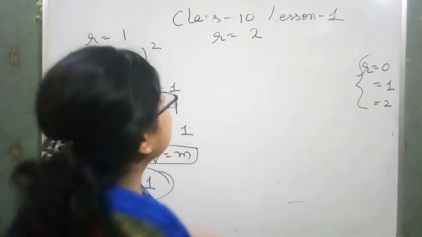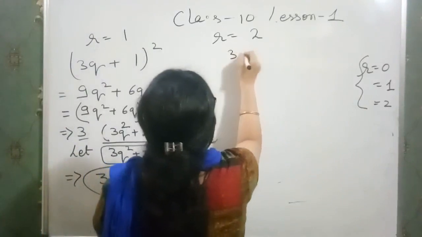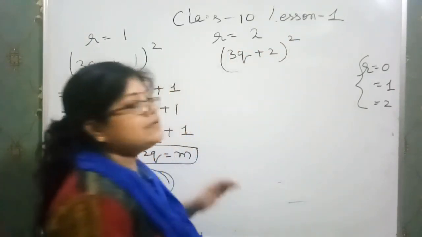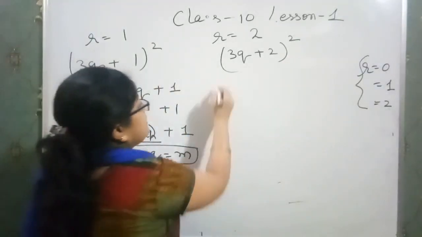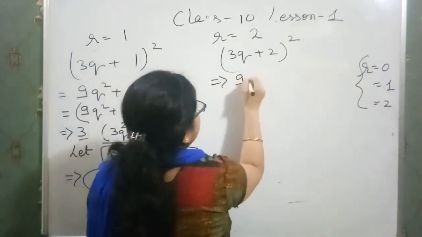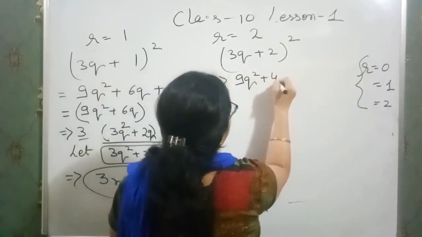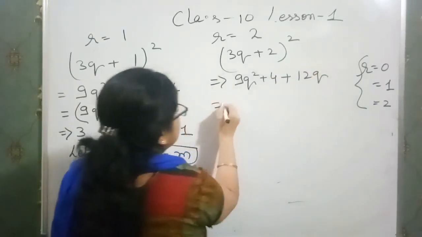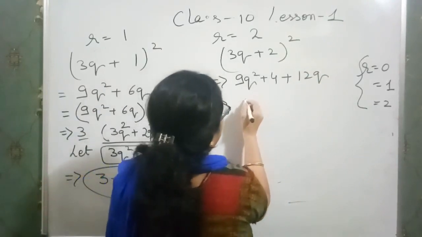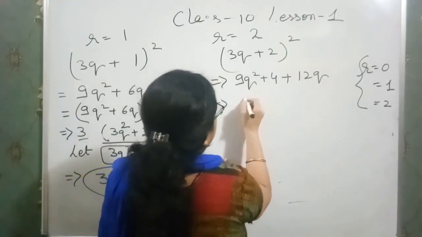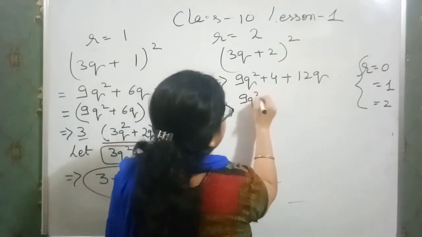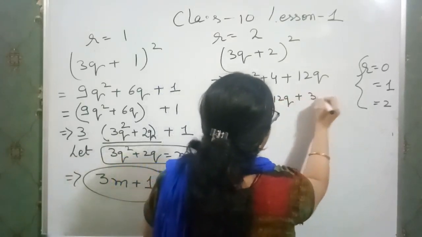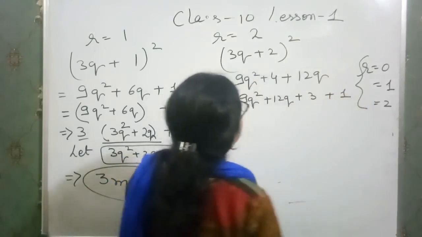When r is equal to 2, we have 3q plus 2 and we have to do the square of this. So we have 9q squared plus 4 plus 12q. Clear? So we have 9q squared plus 12q plus 3 plus 1.